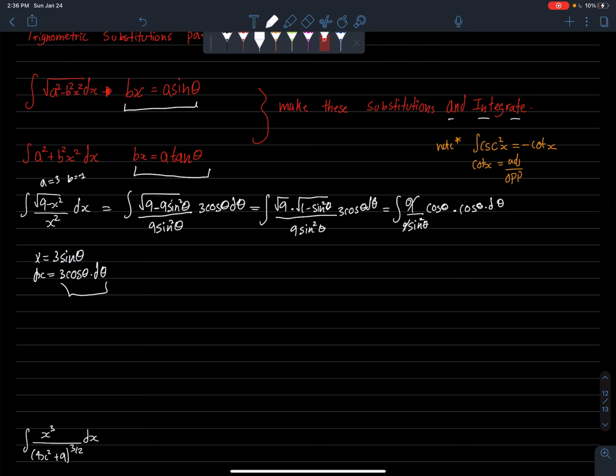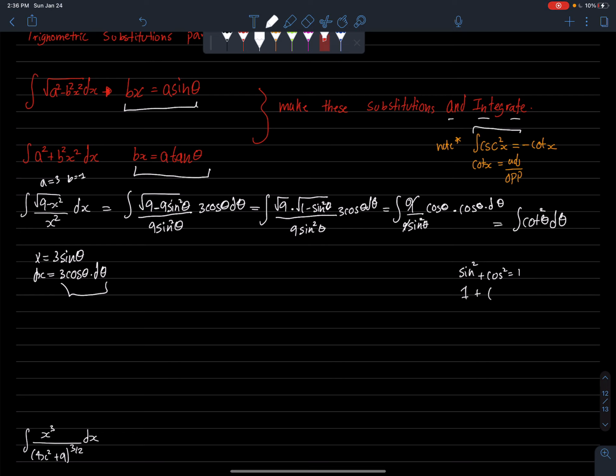And cos over sine is cotangent, no? So that's just going to be equal to the integral of cotangent squared theta d theta, right? We don't really know an integral for cotangent squared, but we do know one for cosecant squared. So if sine squared plus cos squared is equal to 1, and we want cotangent, which is cos over sine, divide everything by sine.